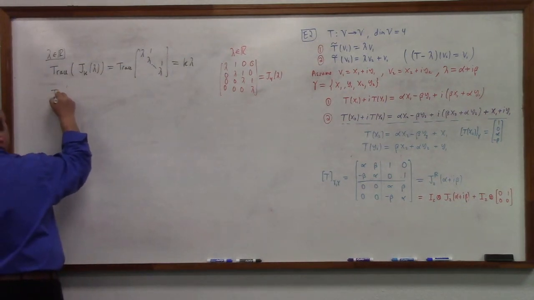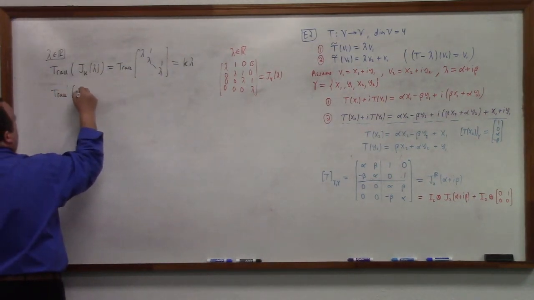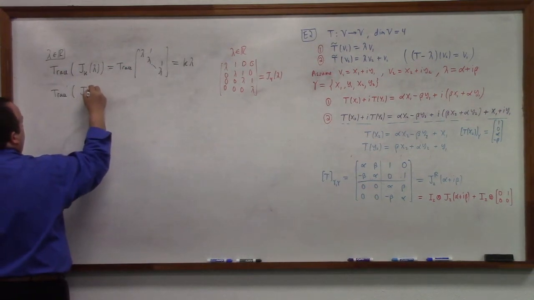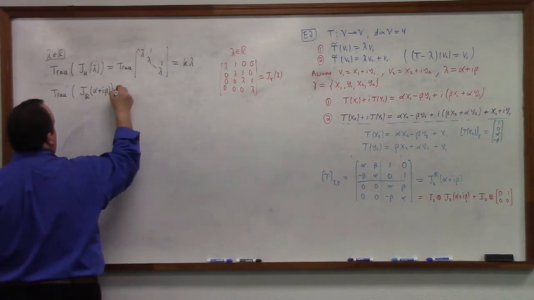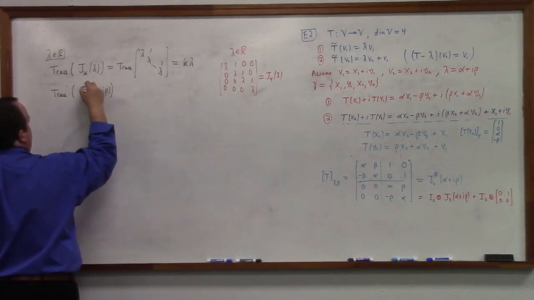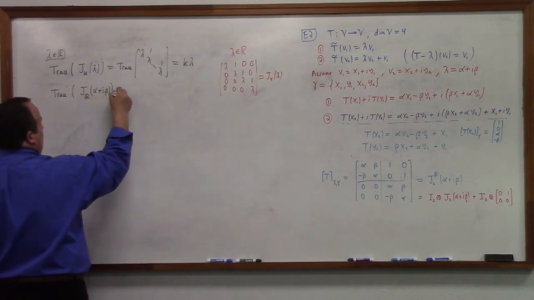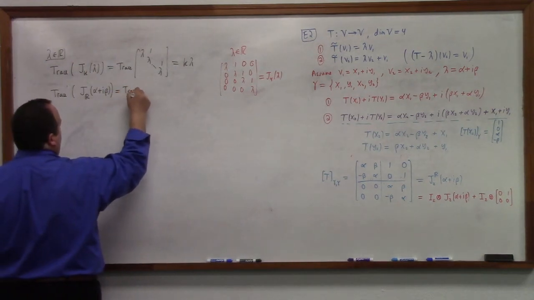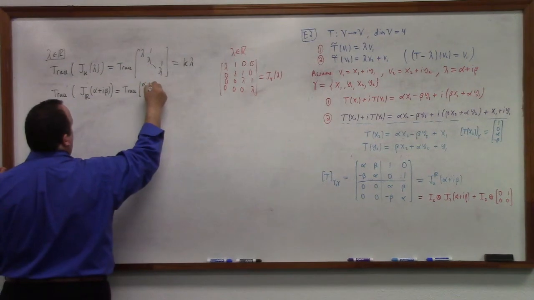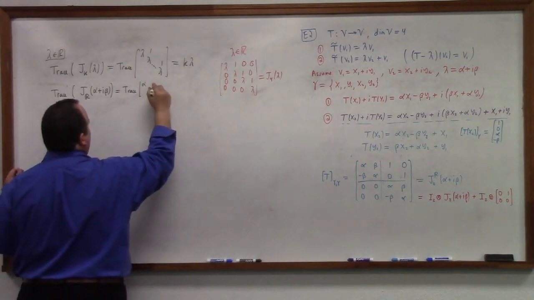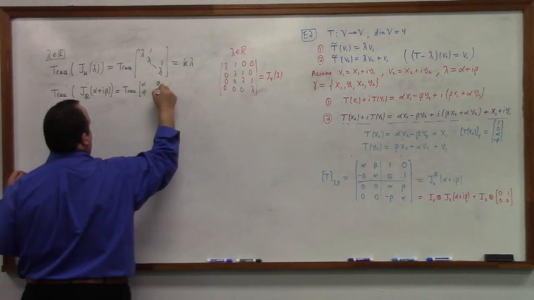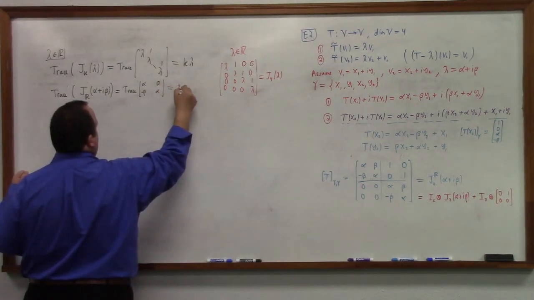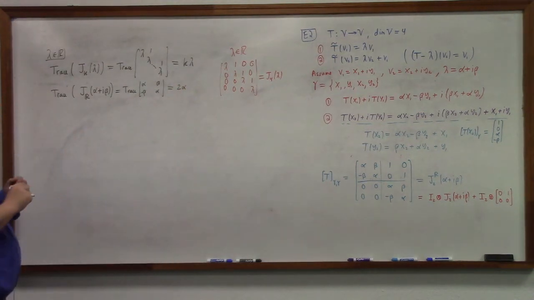What's the trace of the real Jordan block? Suppose we just start out with the 2 by 2 one. What's the trace of that? Looks like it's 2 alpha, right? Think about this, though.